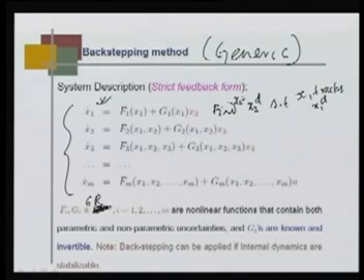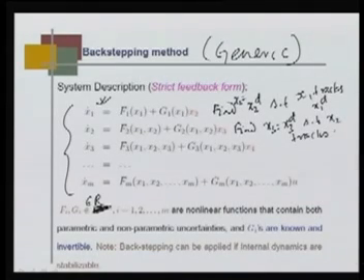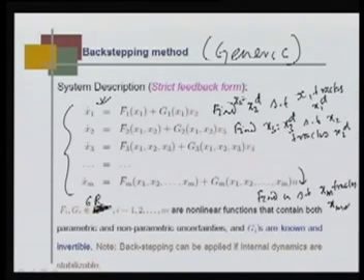Similarly, find x3 equal to x3d such that x2 tracks x2d, and so on. Finally, find u such that xm tracks xmd. So this is called backstepping. This is why it is called backstepping.